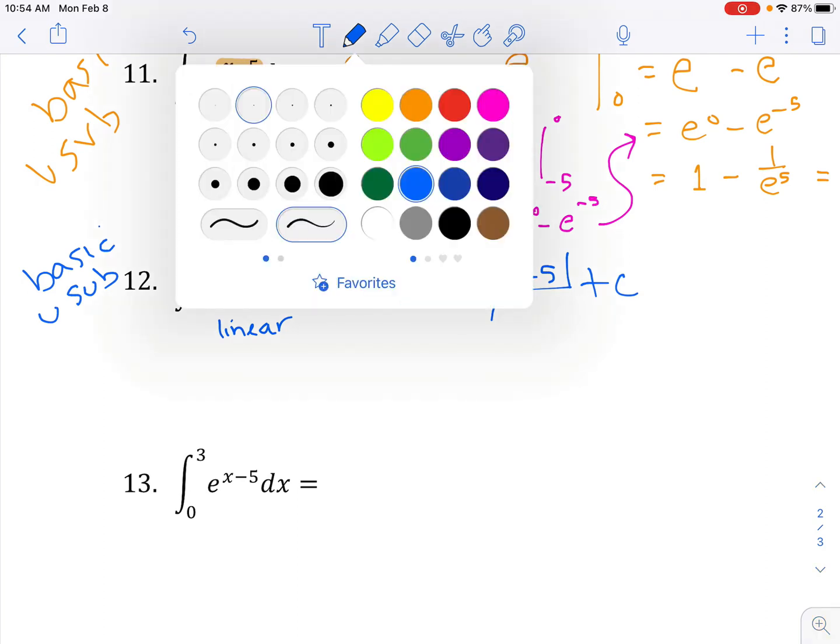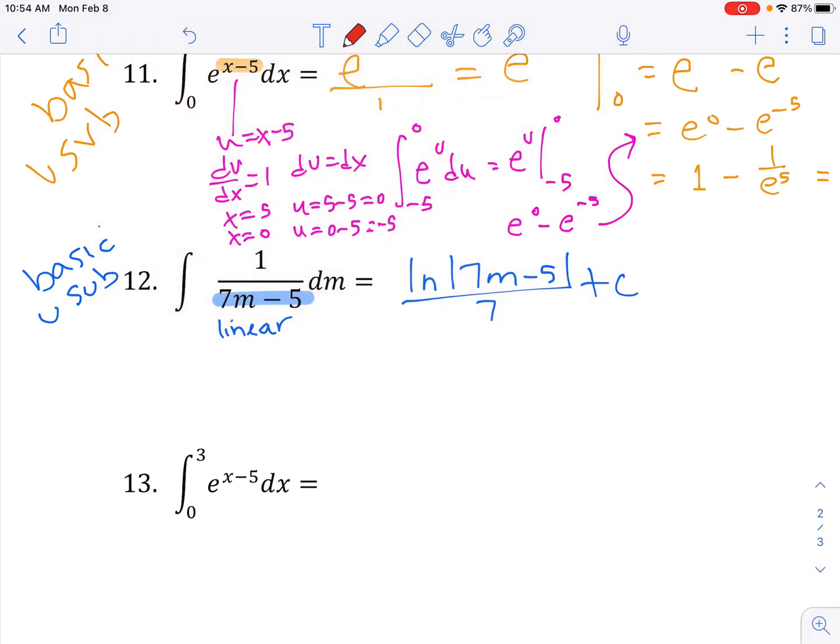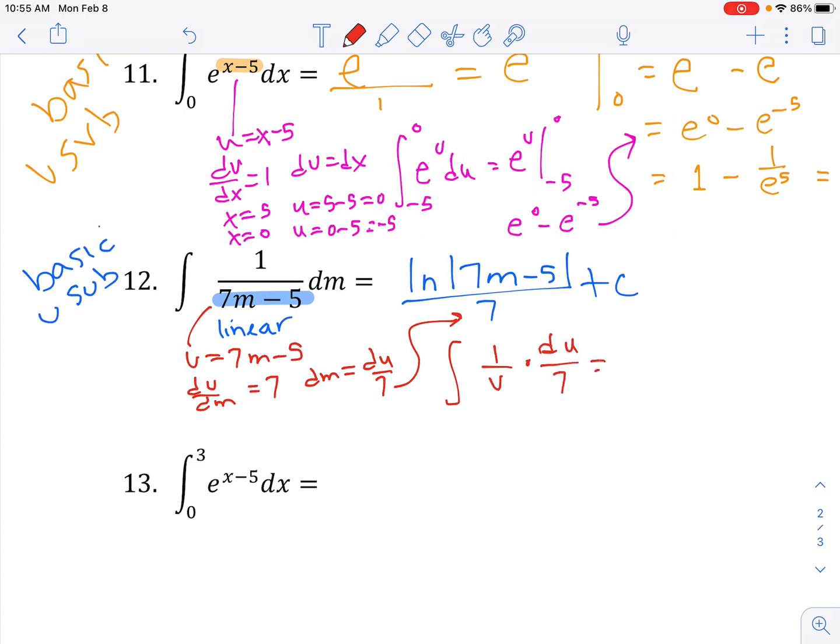So let's follow that through with what happens when we do a u sub. So let's call this u, 7m minus 5, du dm equals 7. So dm is du over 7. That's where the 7 in the denominator comes from. So when I substitute, I get a 1 over u times du over 7, which is a 1/7 du over u.